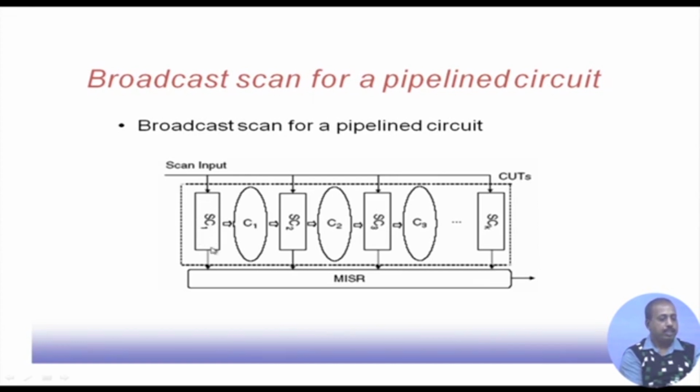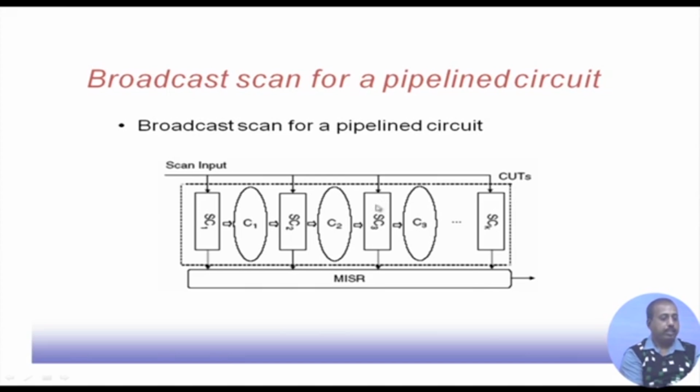Again the same thing: now I have multiple circuits. It may so happen that for C1, C2, C3 the test patterns are quite similar to each other. In that case we can give the same scan input to all of them. This scan input is coming to SC1, SC2, SC3 and all of them. Again, the ATPG tool can be instructed that the first cell of SC1, SC2, SC3 should get the same value.